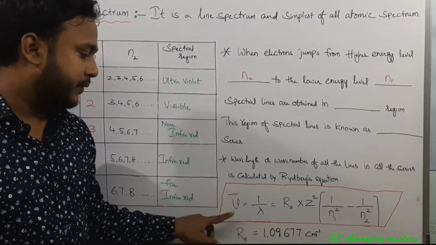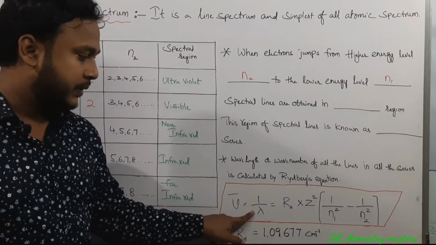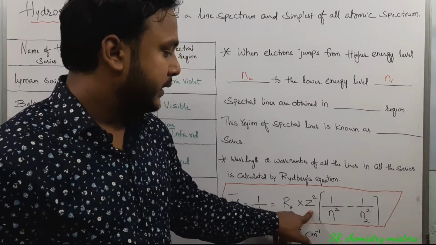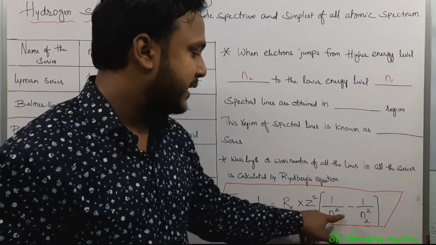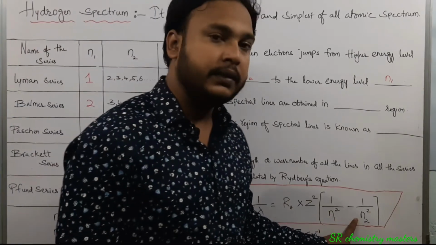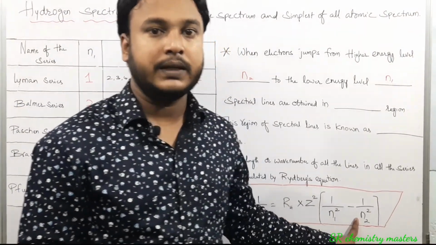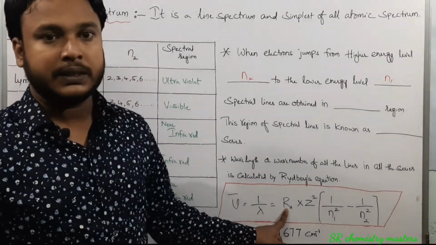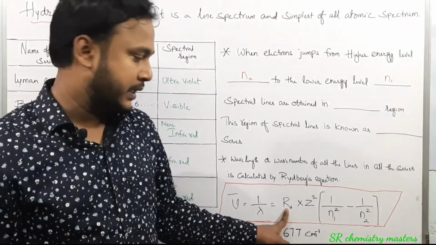We can calculate wave number and wavelength by using the formula RH into Z square into 1 by N1 square minus 1 by N2 square. Here N2 is the higher energy level, N1 is the lower energy level, Z is the atomic number, and RH is Rydberg's constant value for the hydrogen atom.